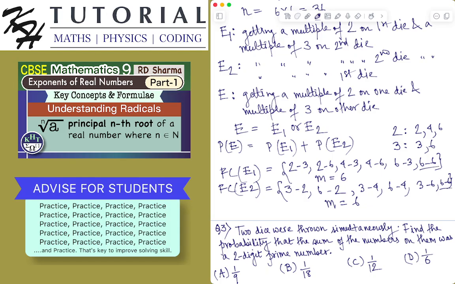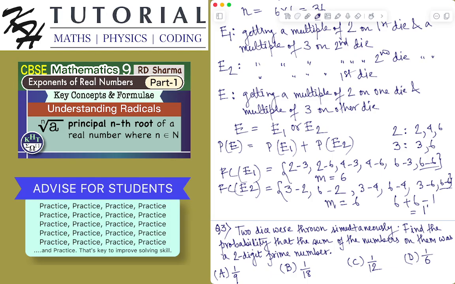So for E, what will be the number of favorable cases to the event E? It will be 6 plus 6, but we have to exclude 1 for (6, 6), because if we do 6 plus 6, then we are considering the outcome (6, 6) 2 times. So minus 1.